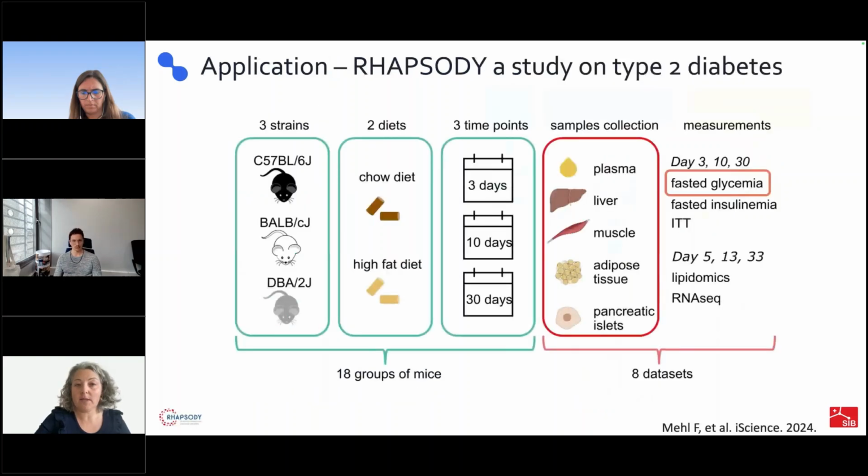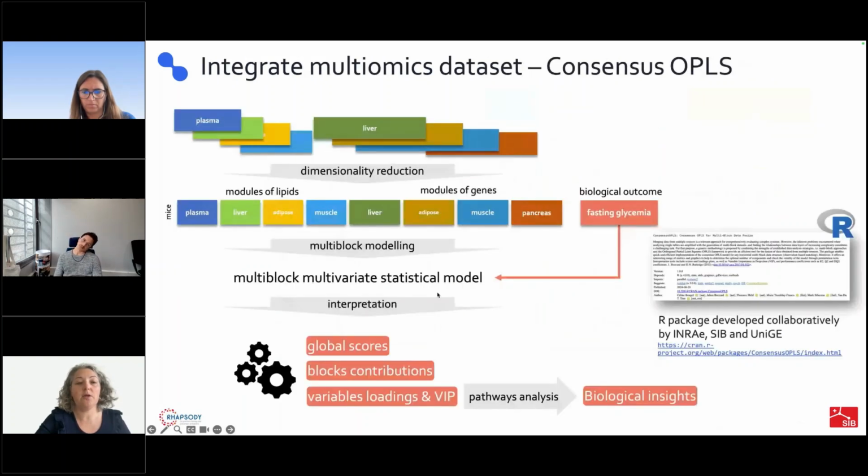So on the same data set, we use the fasted glycemia as the outcome, and we compute the supervised model, which is the consensus OPLS with the R package, which was developed collaboratively by the team of Marie in Toulouse with Céline.